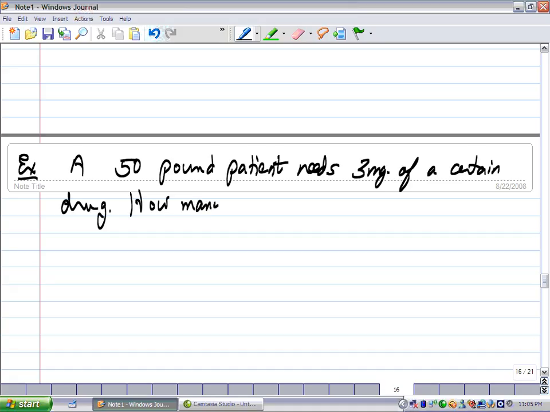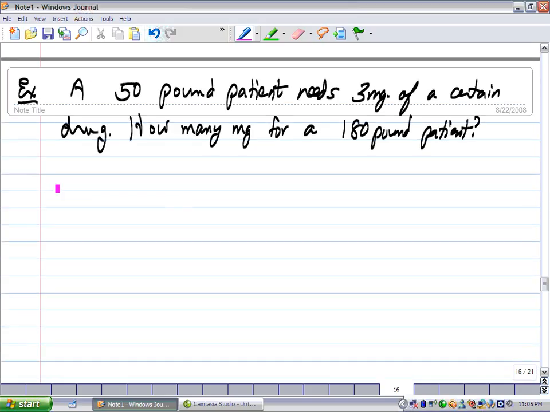How many milligrams for a 180-pound patient? Okay, you decide what's on the top and what's on the bottom. Let's put pounds on the top, milligrams on the bottom.